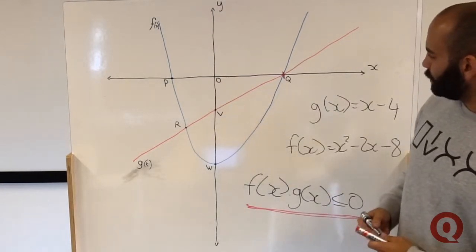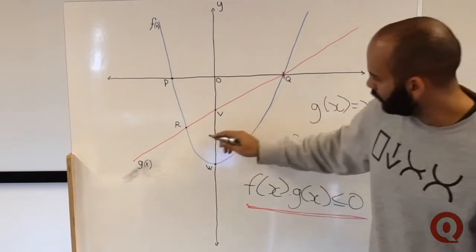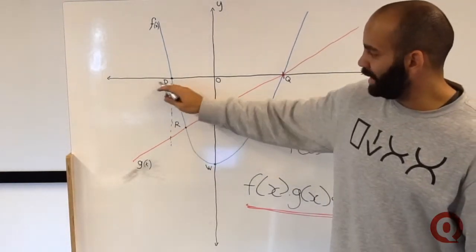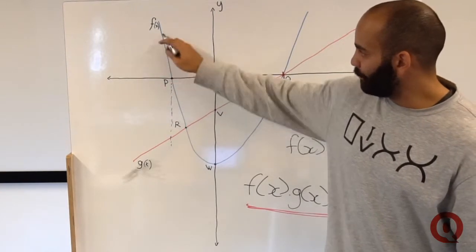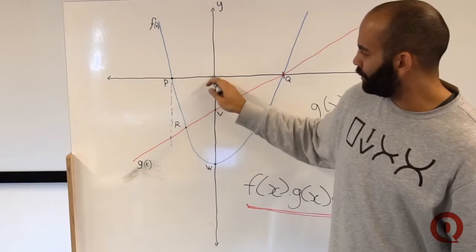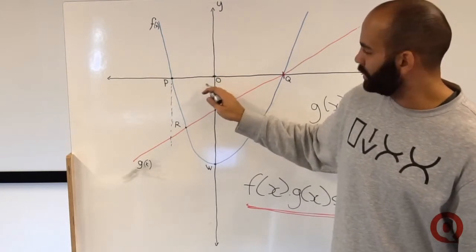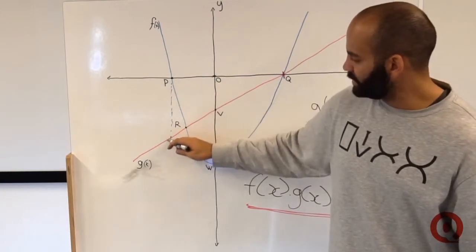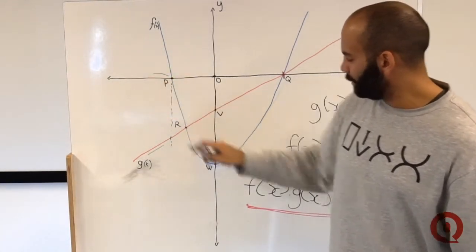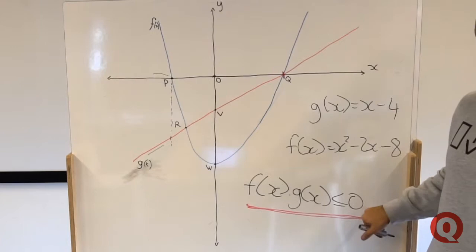So it would either need to be somewhere after point P. Because if you move to the left, on the f of x graph, it's going to be a positive y value, because it's above that part of the axis. And g of x is negative, so you're going to have a negative number multiplied by a positive number, which would give you less than 0.